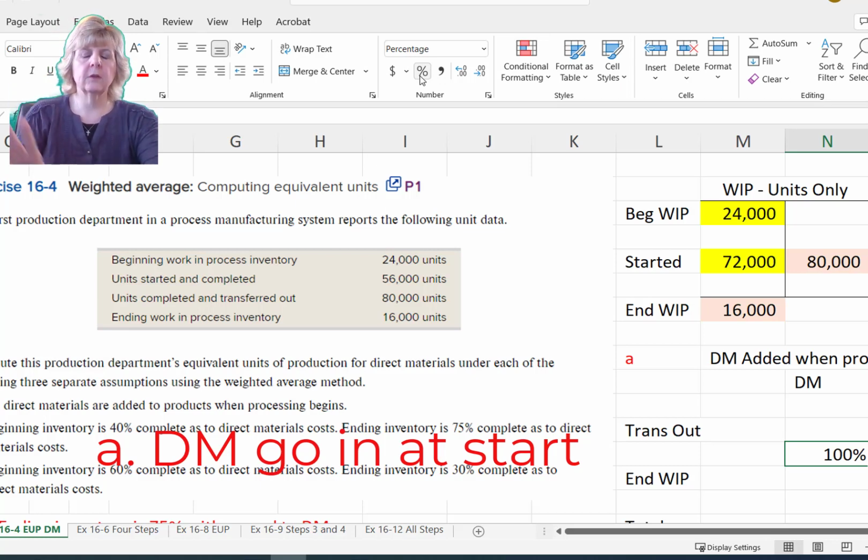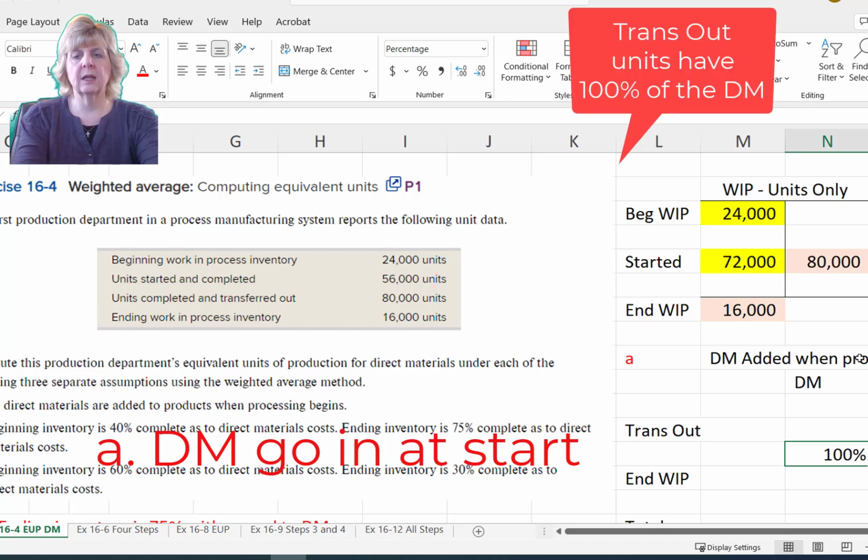So in all of these problems, the transferred out units, those 80,000 units, will have received 100% of the materials. Why? Because they're finished. They could not become finished unless they had all of the materials in them. So I'm going to take 100,000 times the 80,000 units, and all 80,000 units got material.